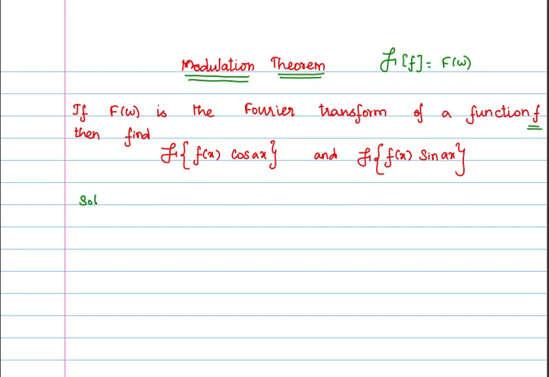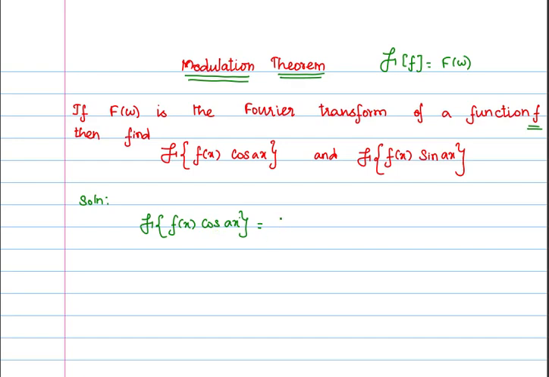So we start with the Fourier transform of f(x) times cos ax. From the Euler formula, we can represent cos ax as exponential of iax plus exponential of minus iax, whole divided by 2.